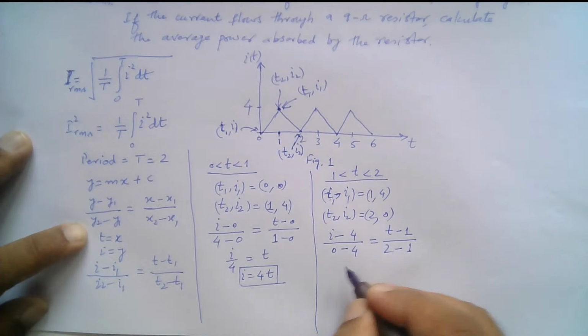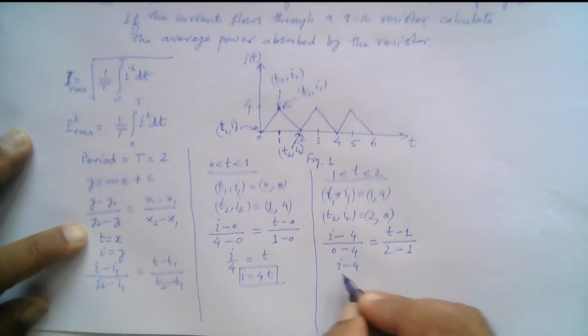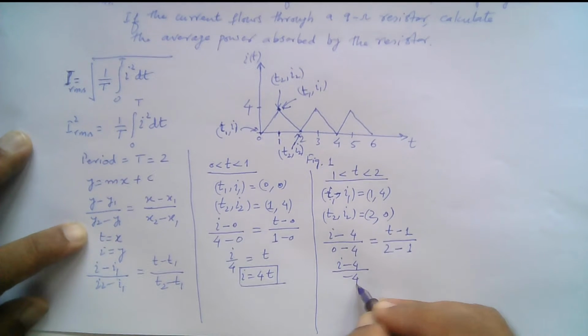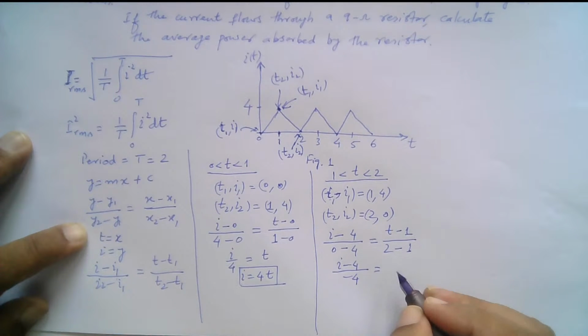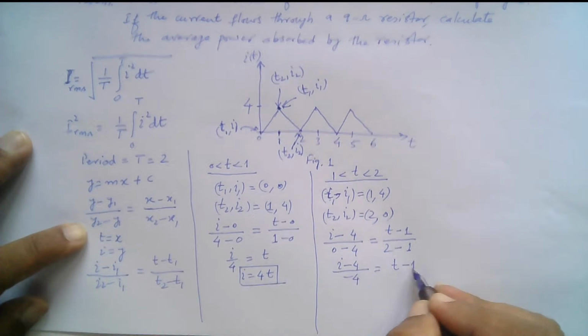So this becomes (I minus 4) divided by minus 4 is equal to (T minus 1) over 1, which is basically T minus 1.